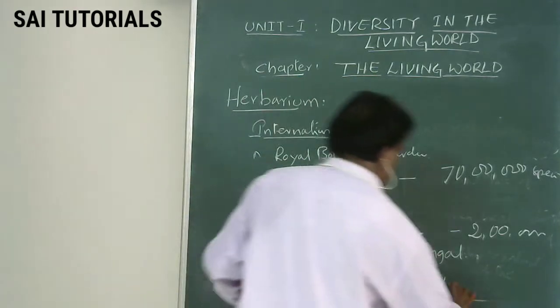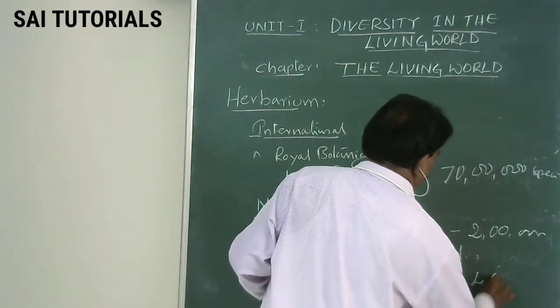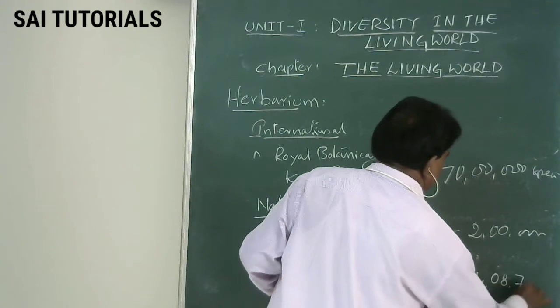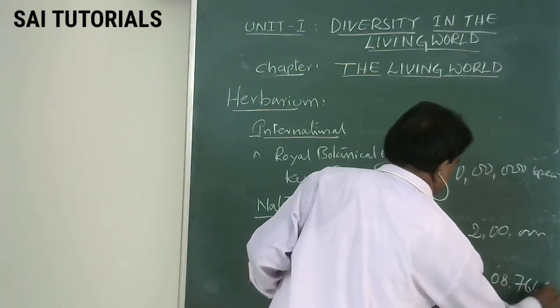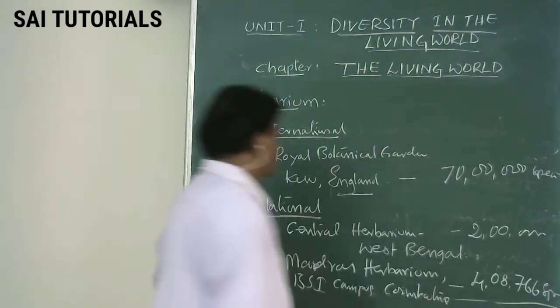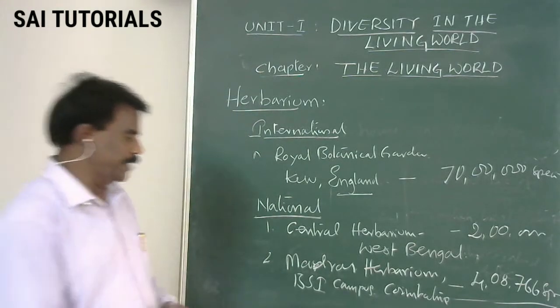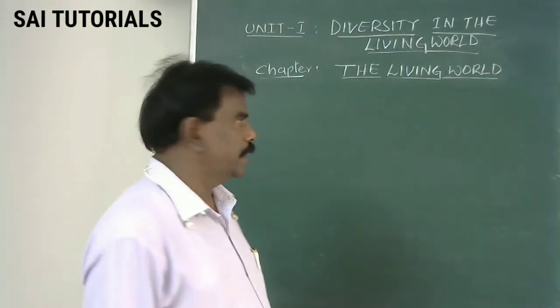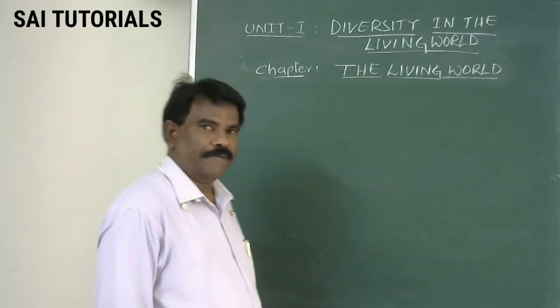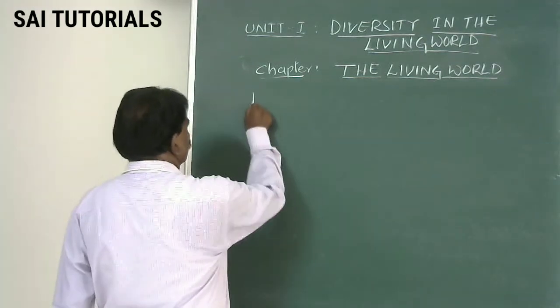It maintains nearly 4,08,766 plant species. So this is about the herbarium. Okay. And next taxonomic tool is botanical garden.